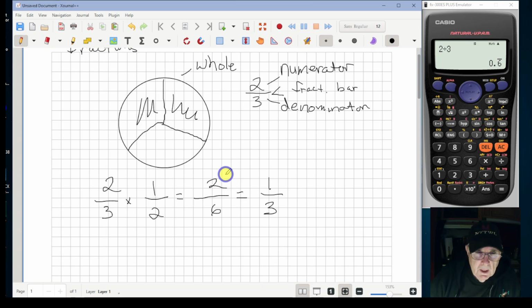When we divide, we expect it to get smaller. Notice that our answer here of 1/3 is smaller than either the 2/3 or the half. So the behavior looks kind of opposite here. So watch that.